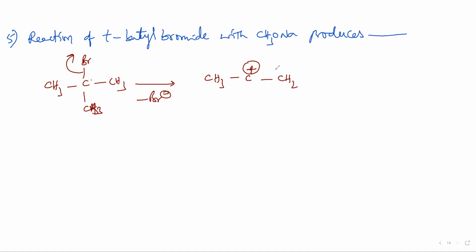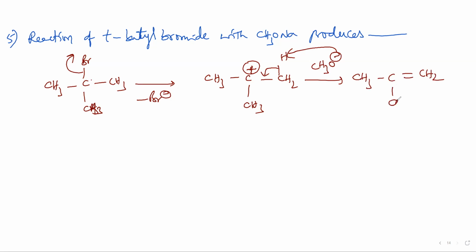Now this CH3 for alkanes, I'm writing like this. This is one CH3. Now sodium methoxide produces CH3O minus. What you're getting? CH3C double bond CH2CH3. Alkene you are getting there.